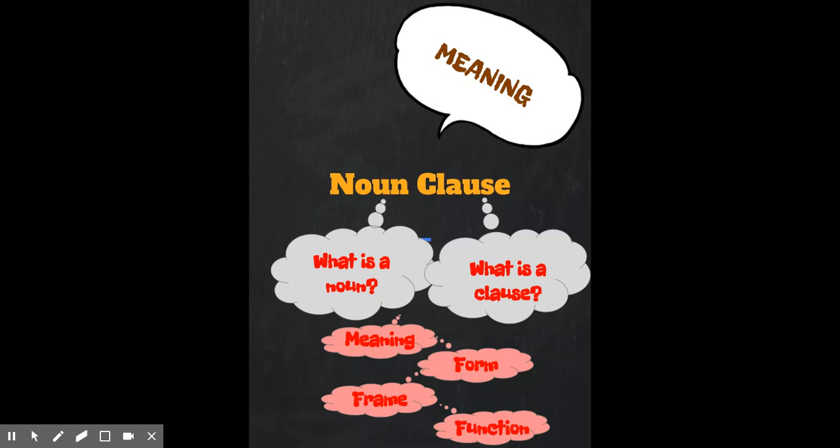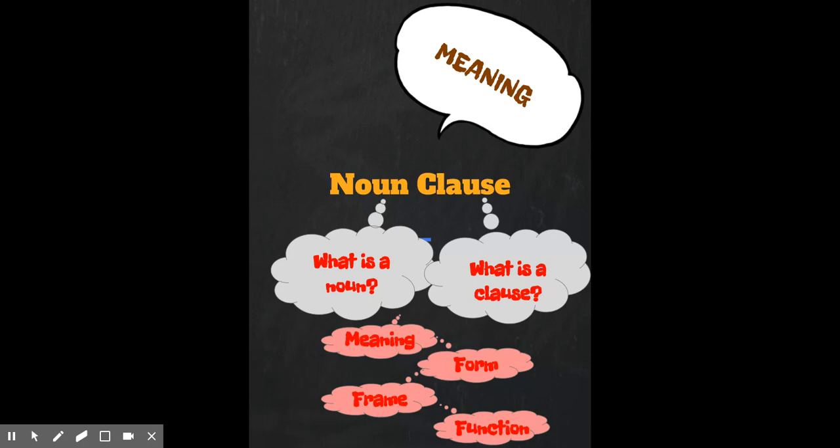We can kind of look at the word and do some pre-thinking and guessing what a noun clause is just by taking the two words and thinking about their independent definitions. So let's do that. Let's just try to predict. So let's look at nouns. What's a noun? Well, most of us know that nouns are persons, places, or things.